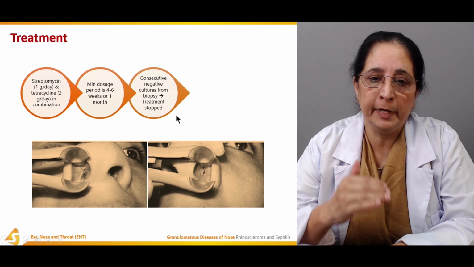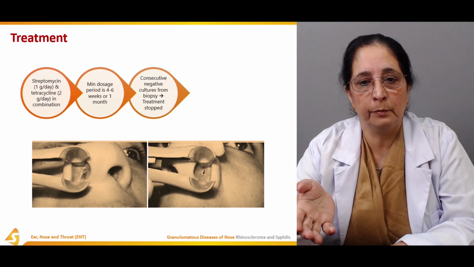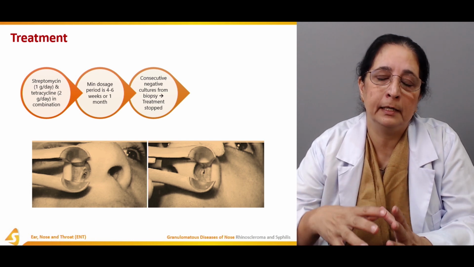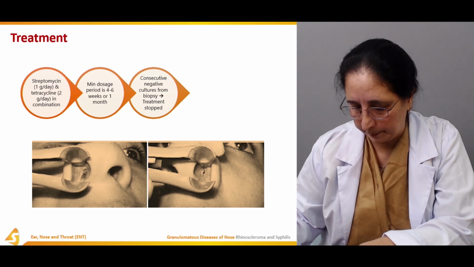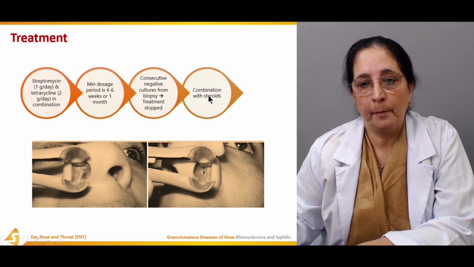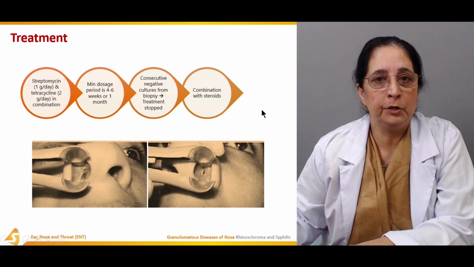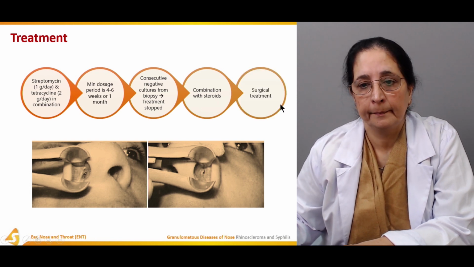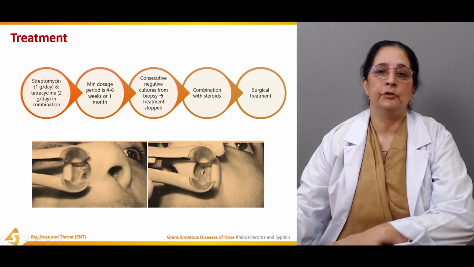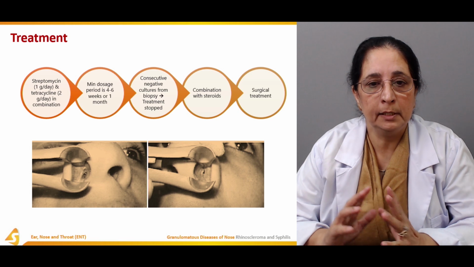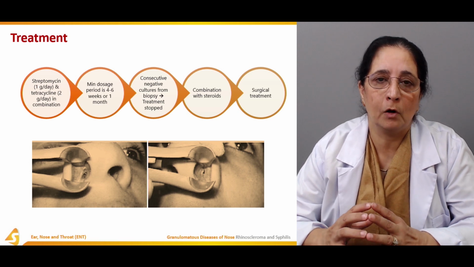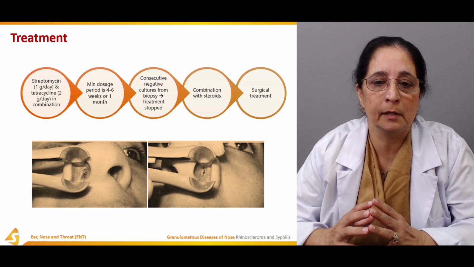So treatment should be given for 4 to 6 weeks or 1 month, and if the cultures become negative, then the treatment should be stopped. The combination can sometimes be used with steroids, and sometimes surgical treatment can also be tried. So all these are the different treatment options for rhinoscleroma.